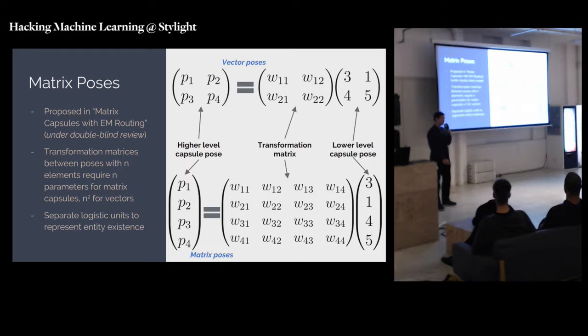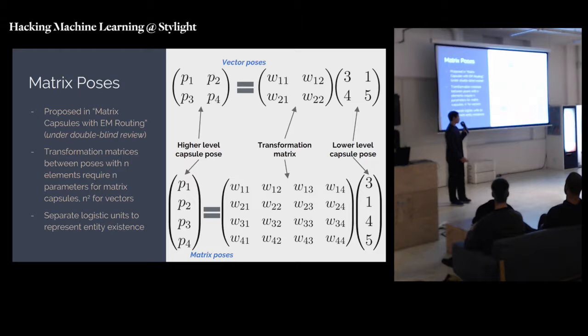So instead, you can also represent the pose with a matrix, and one motivation behind this is that it reduces the amount of parameters that you need in your mapping from your pose to the next layer's pose. Or, as we'll discover when routing comes in, you're actually mapping from a lower level pose to a higher level vote. And we'll understand what that means in a moment.